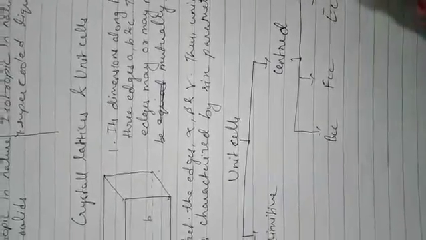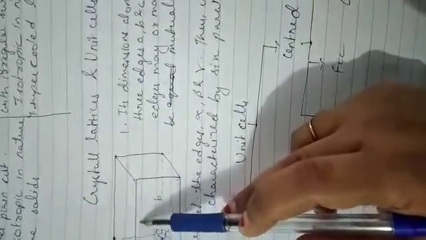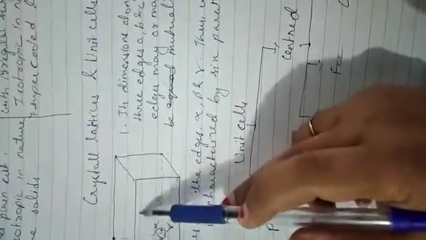In such a unit cell it contains one constituent particle at its body center besides the ones that are at its corners. So it will have the particles at the corners, and in the body center, for example, this is your body center, so this is your body centered unit cell, means it will be present in the center of this unit cell. That is why we are calling it a body centered unit cell.